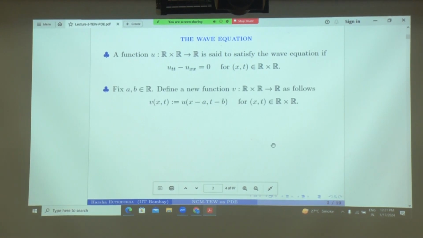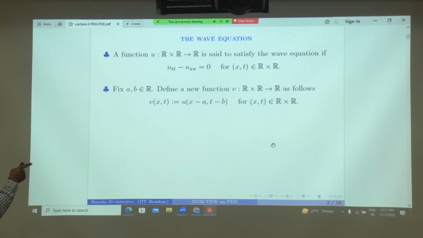So let's make this first observation. You take a function u which solves the wave equation. Somebody gives you that function u and let's just keep that as our reference. Then you take any two real numbers a and b, and you define this new function v.